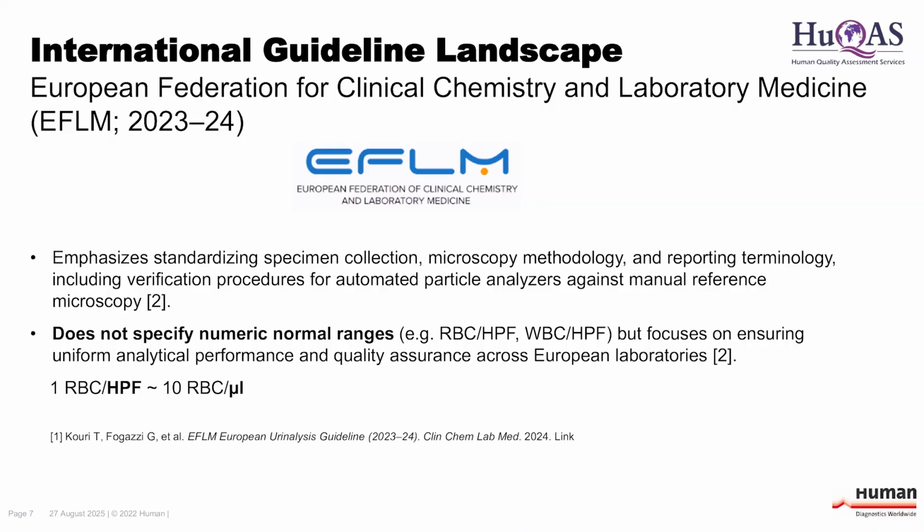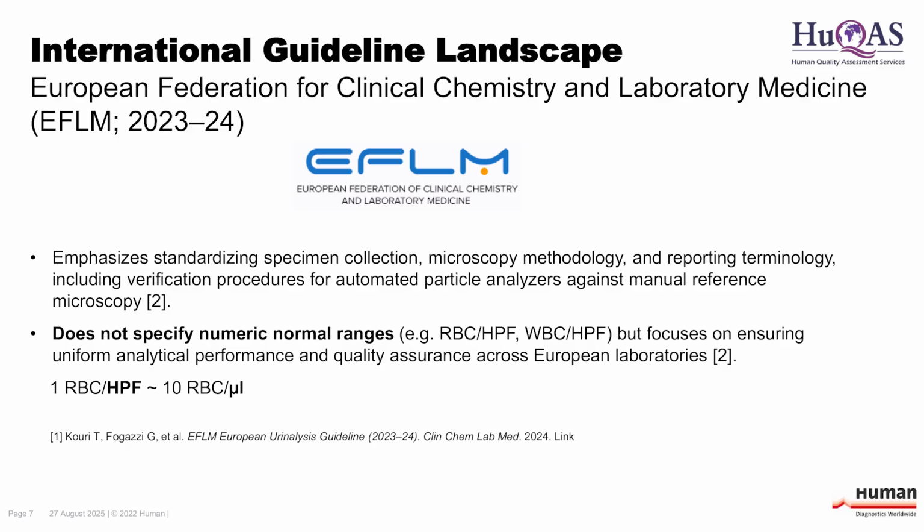Nevertheless, we have to work with the situation. But I think there is really a big need of standardization in urine diagnostics. And even internationally, there is no reference value for the parameters you report on urine microscopy. The only reference value which is available is for RBC. Higher than 3 RBCs per high power field, that's abnormal.